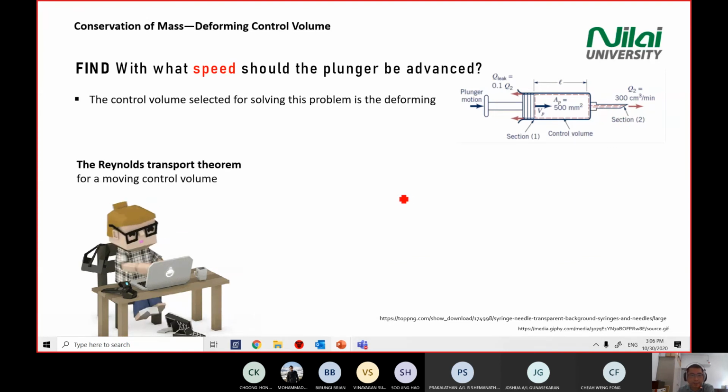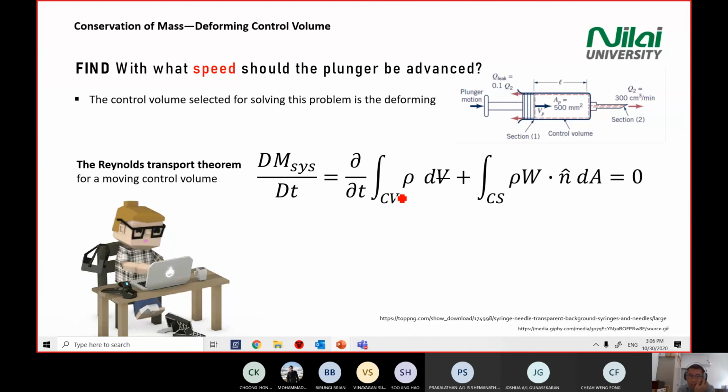All right. So recall again, write out the Reynolds transport theorem for a moving control volume. Again, remember the W: if you write V here, it means you give me the wrong Reynolds theorem. Be careful on the equation that you use. Even though it will be open book and online, you can copy, so make sure you copy the correct one. Okay.